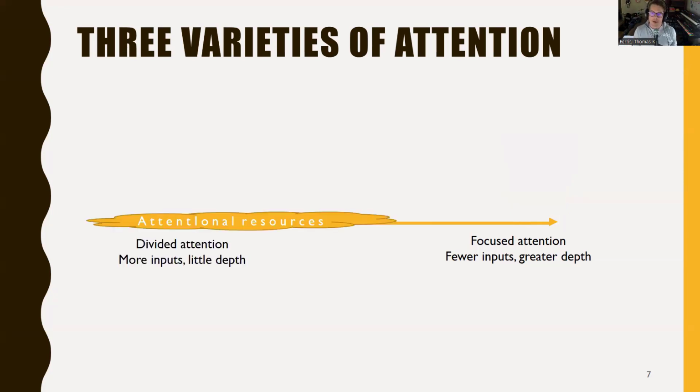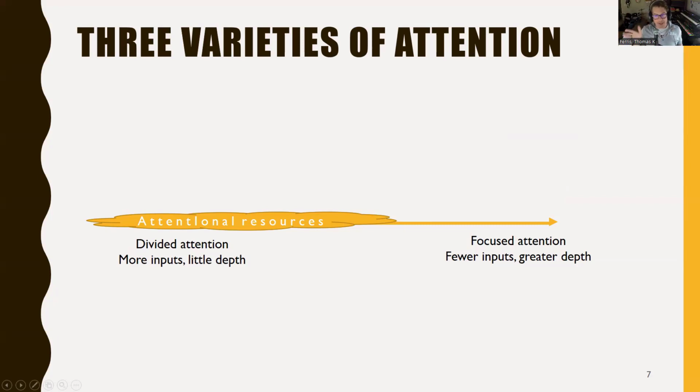Okay. Now contrast that, on the other side of this continuum, with attentional resources really spread out among many different sources. In that case, I can't really do any of them very deeply. So we call this divided attention. Again, we can focus our attention, we can divide our attention, and we can exist anywhere in between on a continuum.